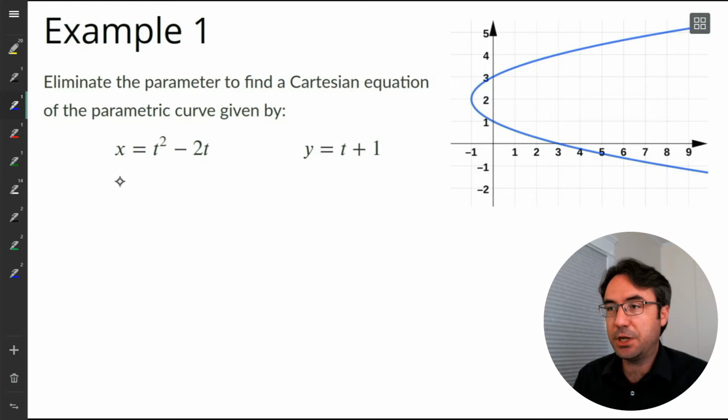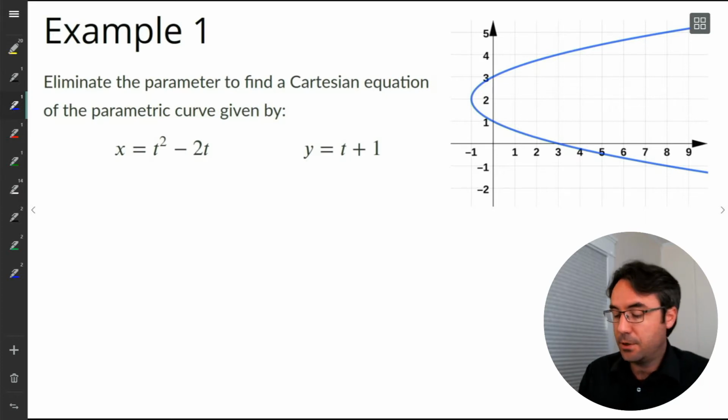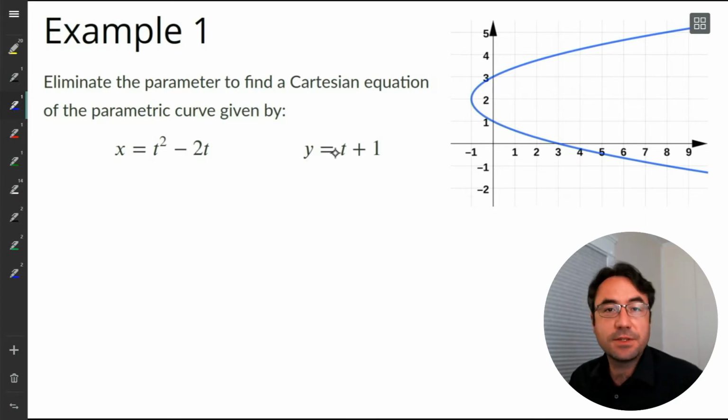This equation, we could do it, it's just going to take a bit more work. This equation is much easier to work with, so that's what we're going to do. We're going to start by solving this y equal to t plus 1 equation for t.